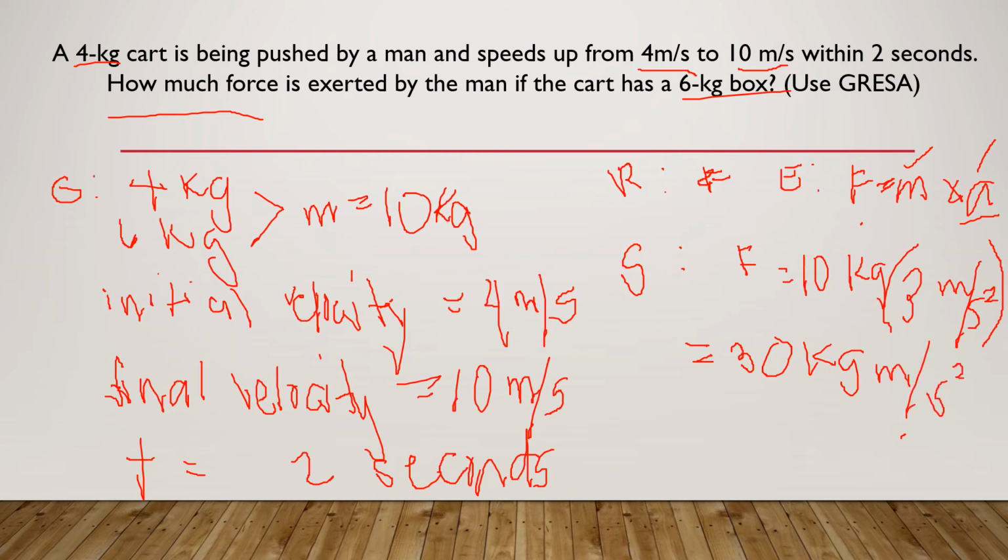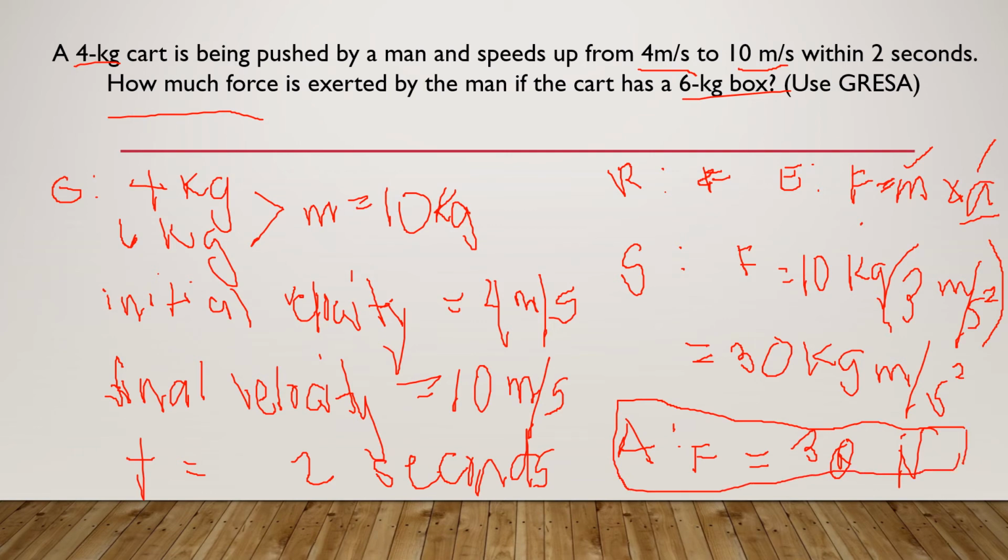Since the unit is still in expanded form, your final answer for force is equal to 30 Newtons. Where did I get the Newton? It is the same as kilogram meter per second squared.